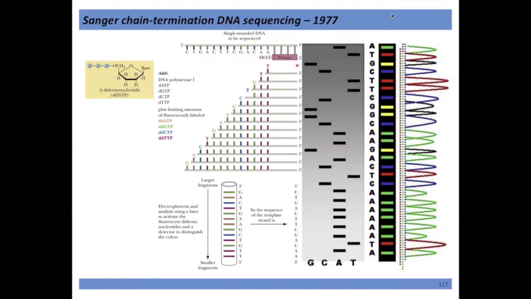And so in solution, again, we're dealing with millions and millions of molecules. You have a representative of every terminated sequence there. And only the terminated sequences have the dye on there. And so as you run it out the gel, the smaller ones come out first.